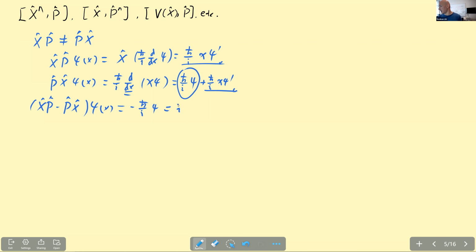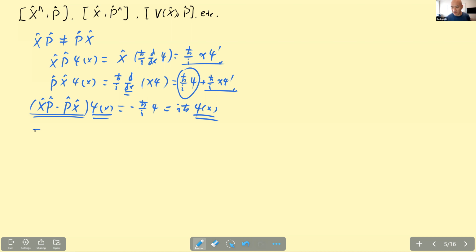So this is just i h bar acting on psi. So you can see that this is correct for any wave function. That means this operator is nothing but just multiplying a wave function by i h bar.